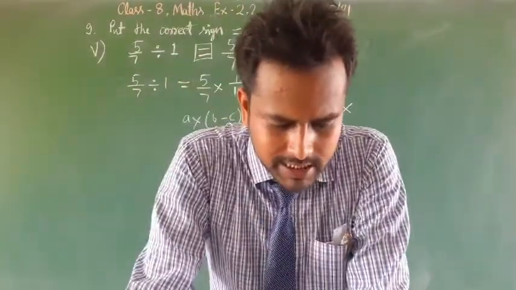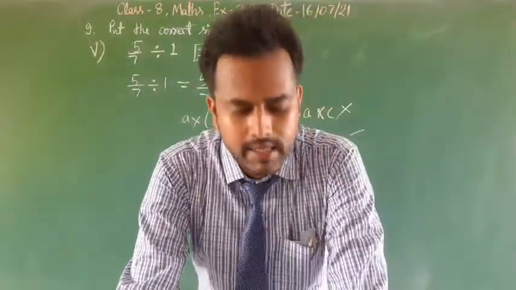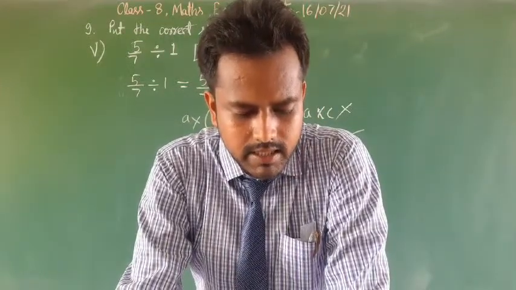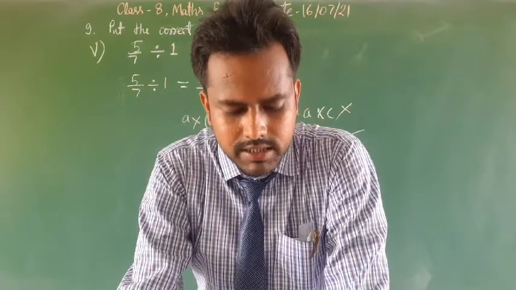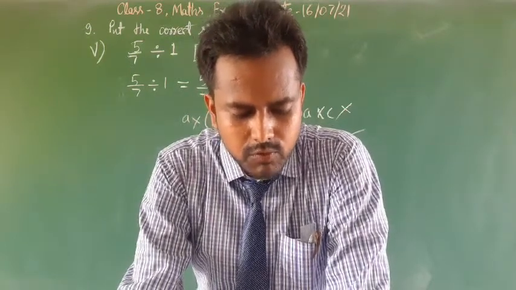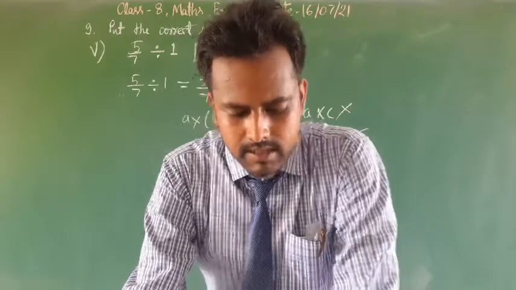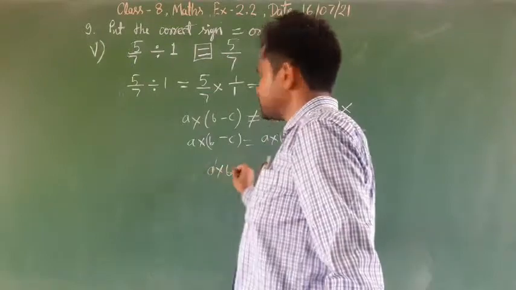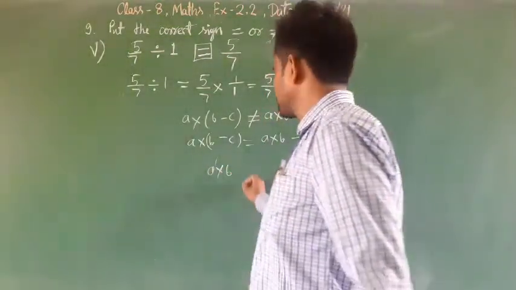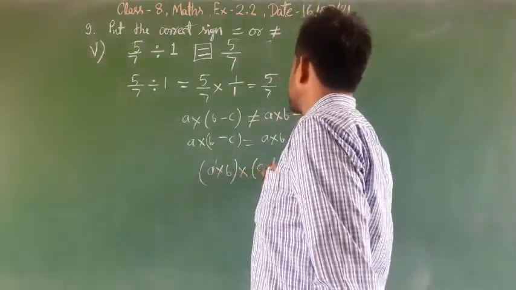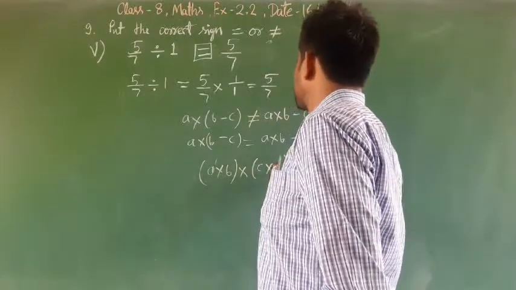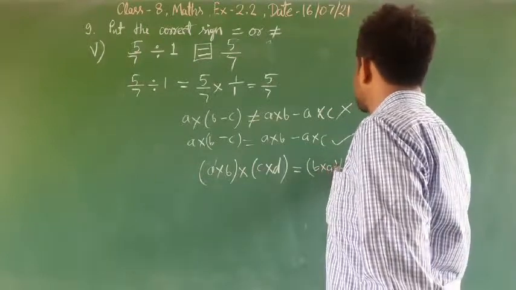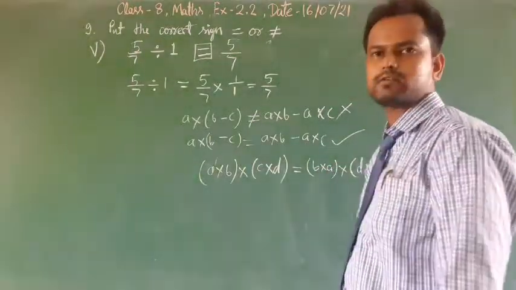So fourth statement is, if A, B, C, D are rational numbers, then A into B into C into D equal to B into A into D into C. Yes, this is right.